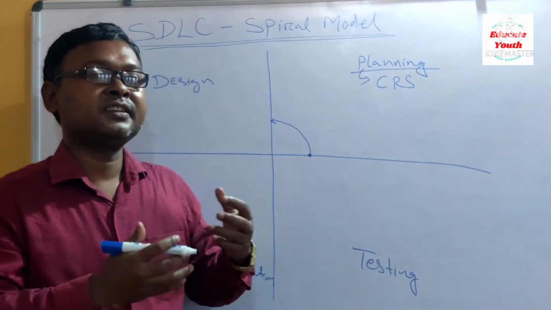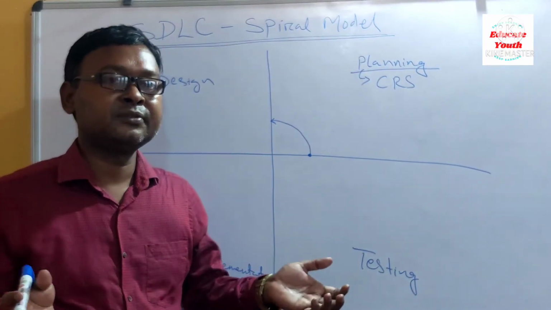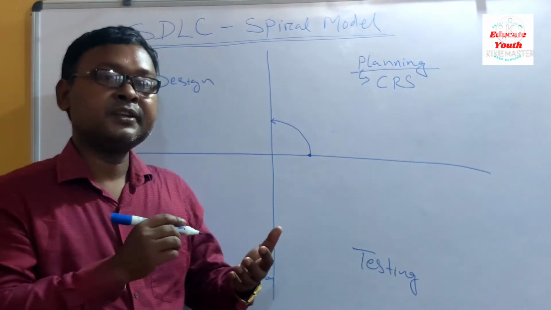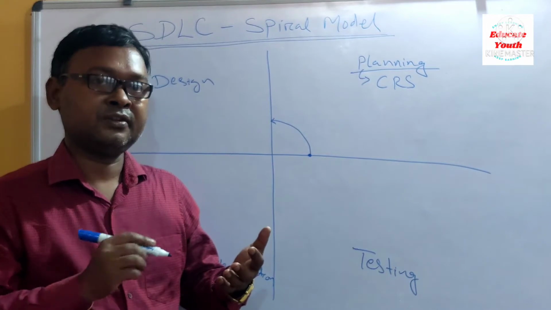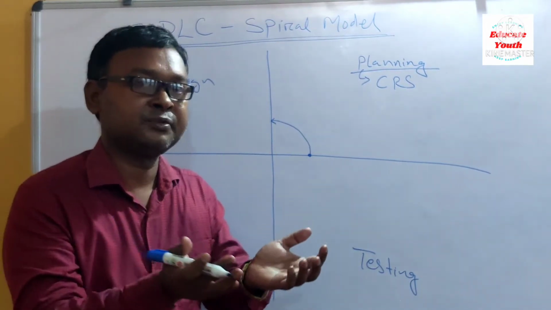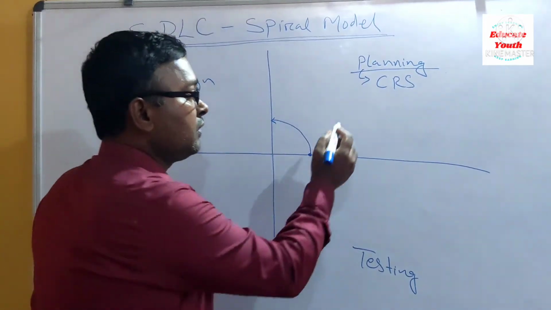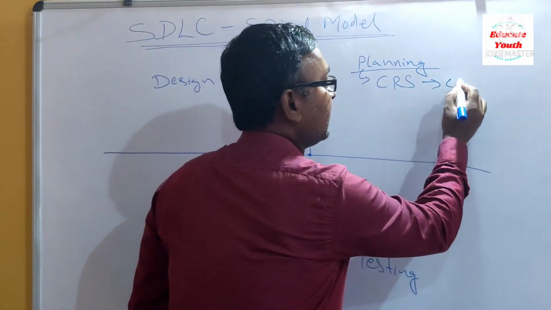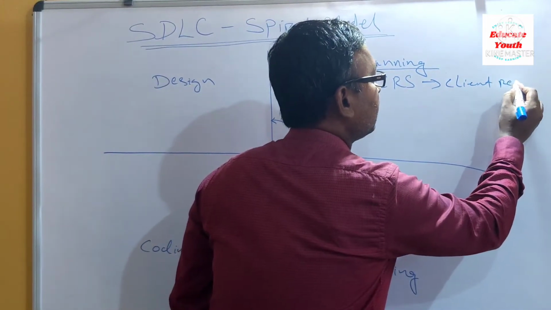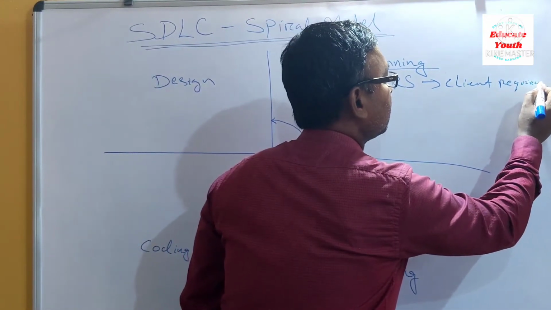That customer requirement specification is raw data, that means unprocessed data. You are just collecting the client requirement. The client will be speaking in different languages in different ways, and you, as a company person, will just be noting it down. That is purely raw, unprocessed data. You have collected the CRS, that means you have gathered the client requirement.